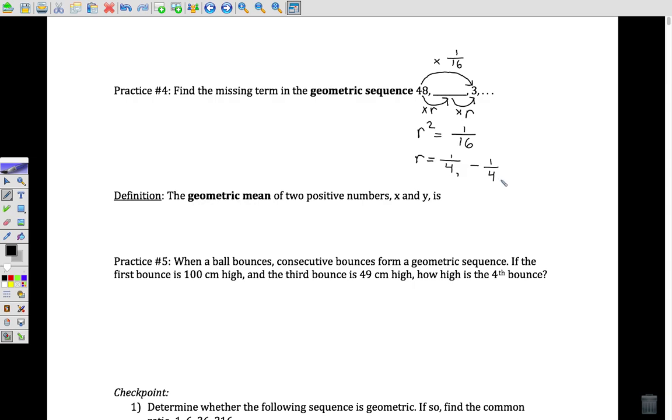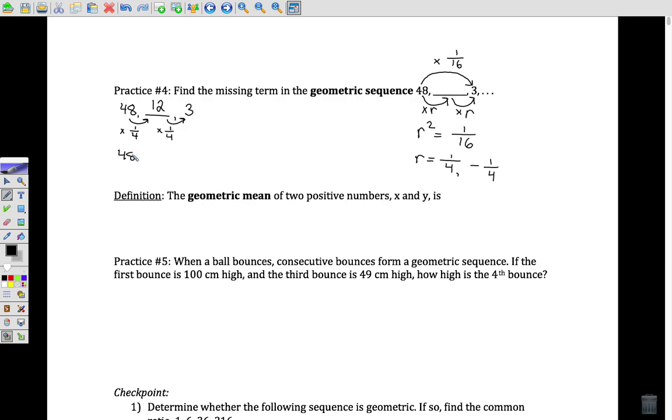So I have two options of what the sequence could look like. If I have 48, some term, and then 3, and say my r is 1/4, well, 48 times 1/4 is 12. 12 times 1/4 is 3. That works.